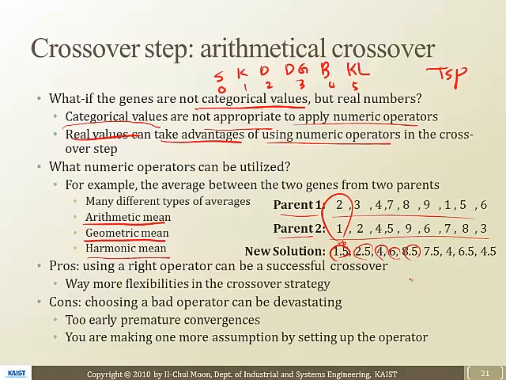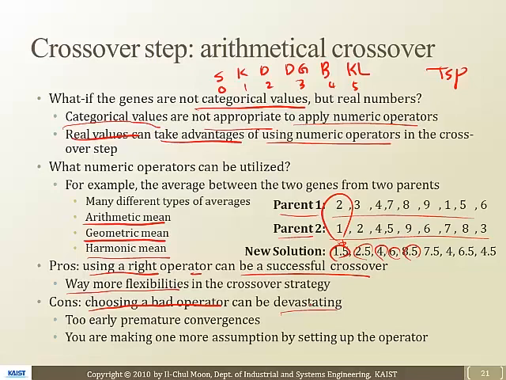So the pros, the gains, merits, advantages: using the right operator can be very successful in a numeric arithmetic crossover by utilizing the real values, real numbers in the genes and genotypes. So it's more flexible, so that you can create new solutions. However, choosing a bad operator can be really devastating, meaning very destructive.